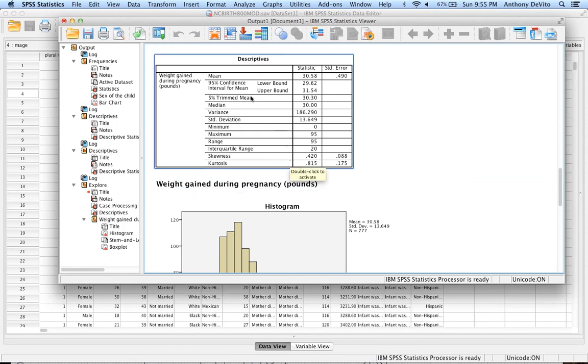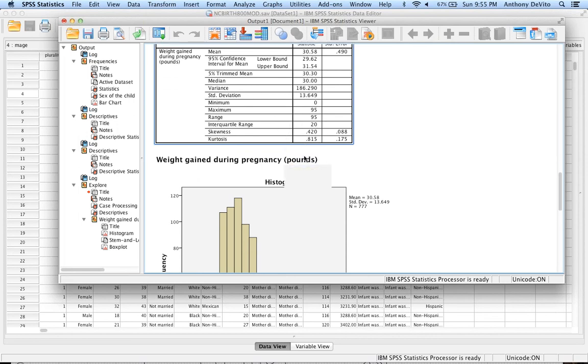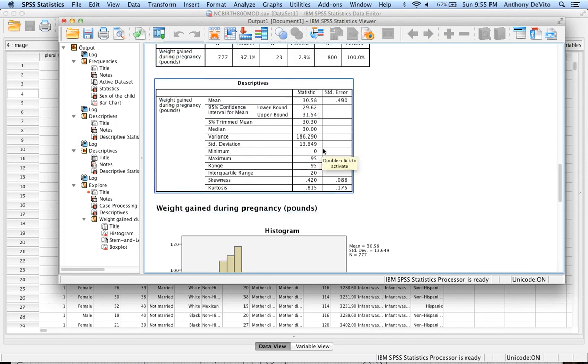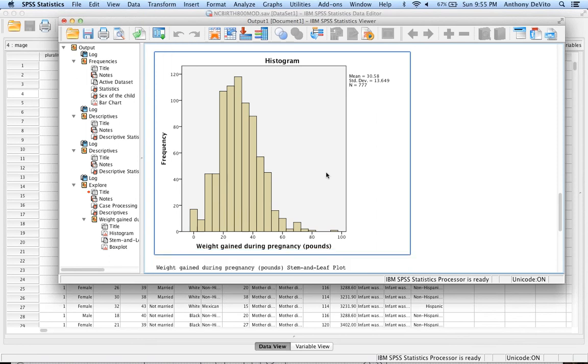And here we go. All of the stuff that we asked for: mean, median, variance, standard deviation, minimum, maximum, interquartile range, and so on and so forth. All of that was provided here. And here's our histogram for our weight gained. Here's the person who gained 95 pounds. That's skewing the results to the right, or positively.